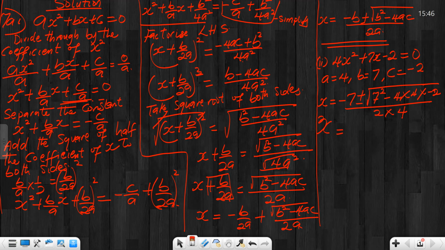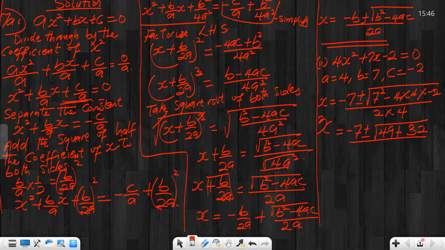Then my x now will be what? Minus 7 plus or minus square root of 7 squared, that is 49, minus 4 times 4, 16. 16 times minus 2, that is minus 32. Minus 32 times minus, that is plus 32.